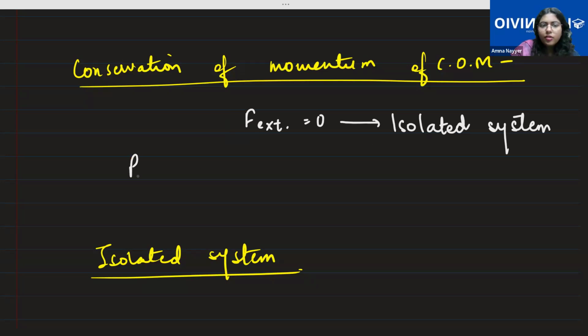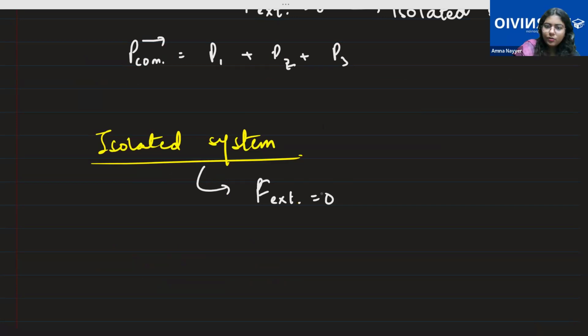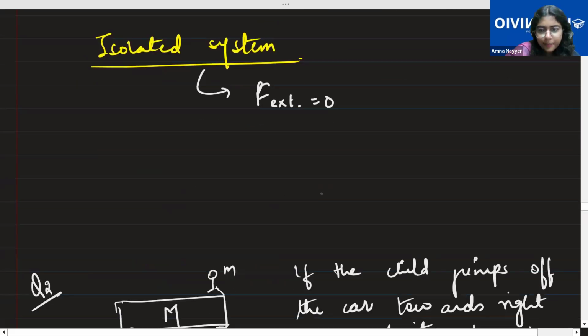The total momentum will be equal to the individual momentum. Isolated system basically means the net external force acting on the system is zero.